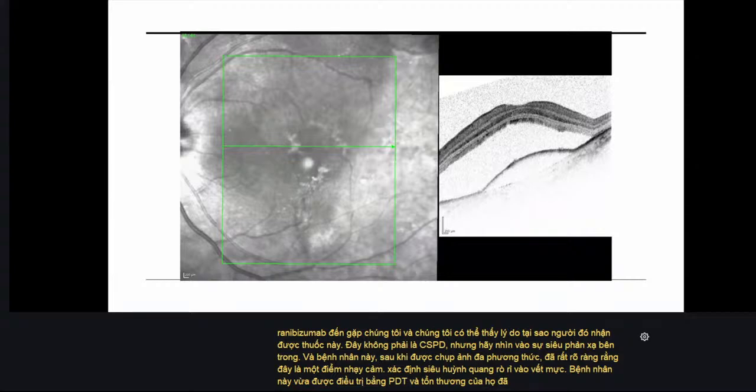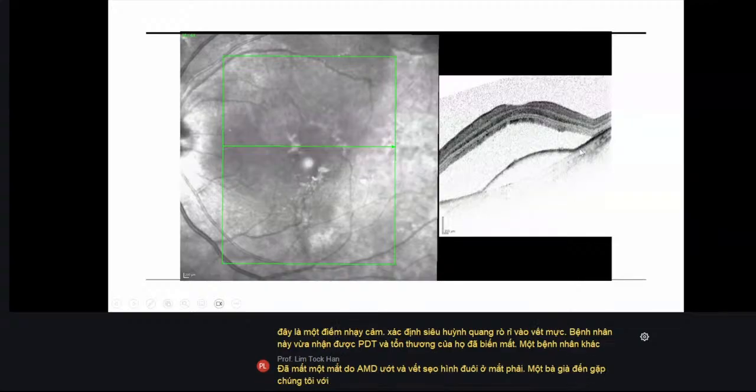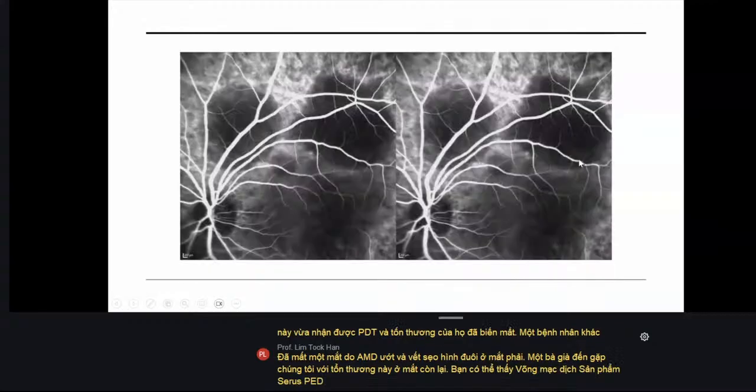Another patient already lost one eye through wet AMD and a disciform scar in the right eye. An elderly lady came to see us with this lesion in the other eye. You can see subretinal fluid, serous PED, and the patient underwent multimodal imaging.